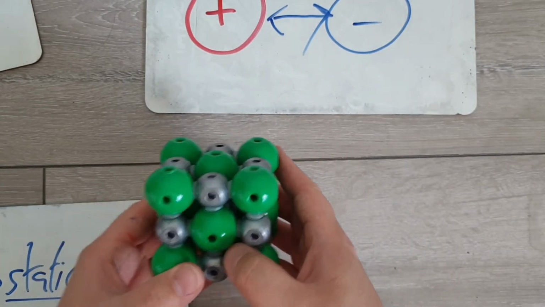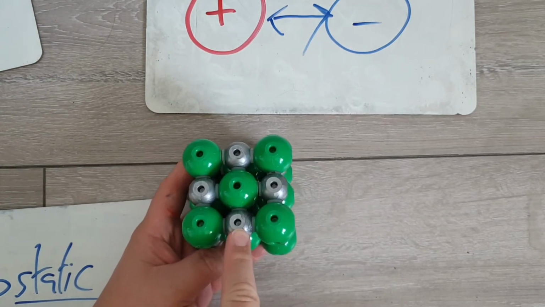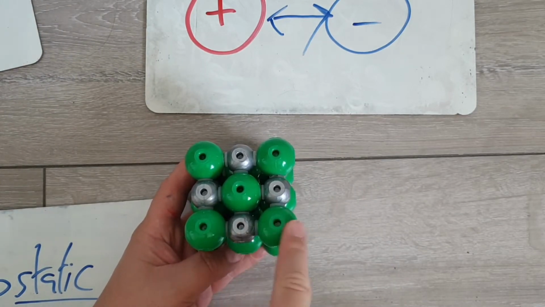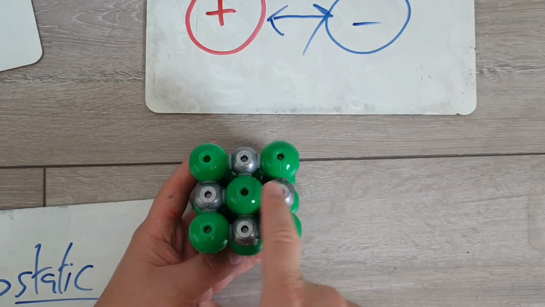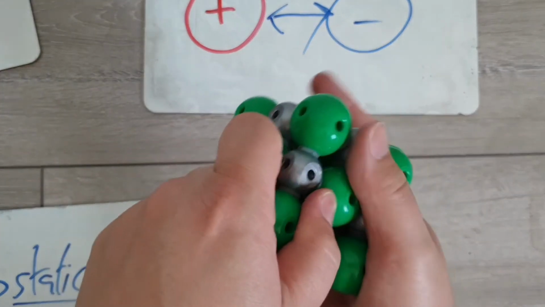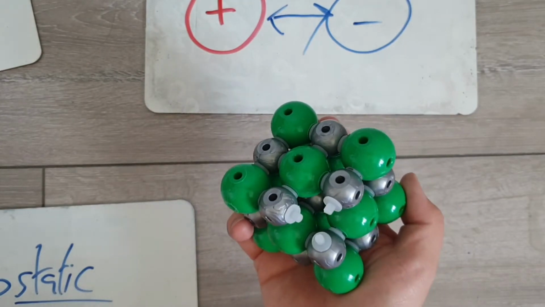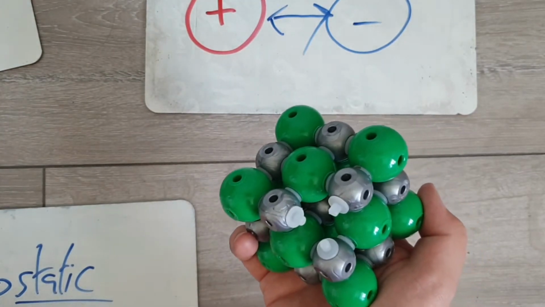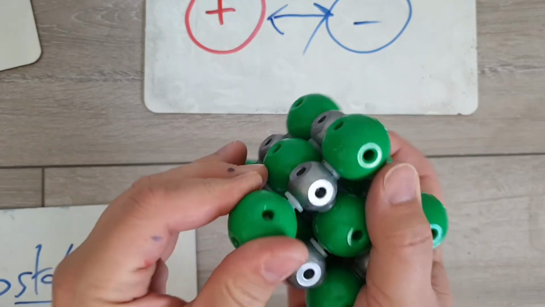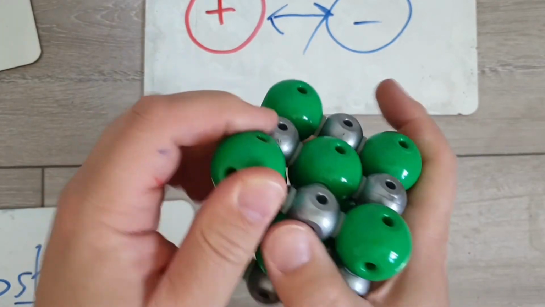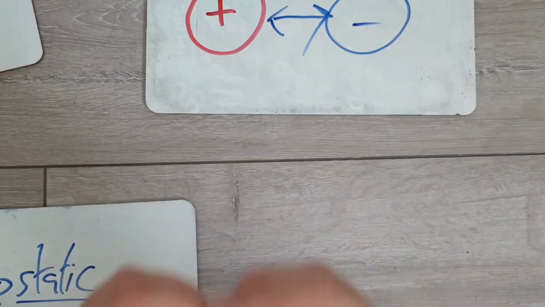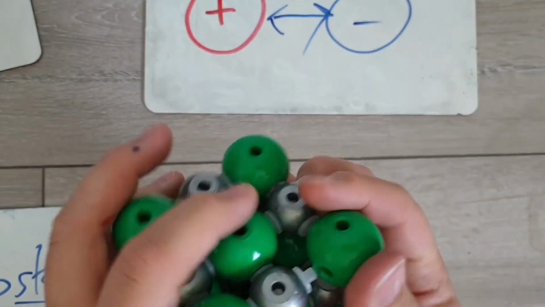And if you look the way it's set out, you've got negative, positive, negative, positive, negative, positive. The way it's arranged, if I pull one out so you can kind of see, in the middle there's a grey one. They're set out so the positives are surrounded by negatives and the negatives are surrounded by positives.